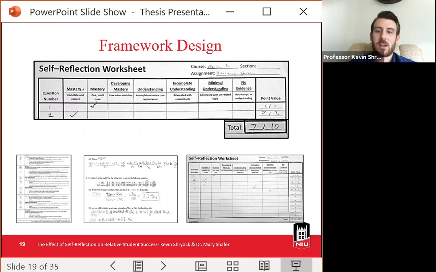Students could review their highlighted work, consult the rubric, place markings in the corresponding worksheet, and then score their work off to the side. Here you can see that a student scored themselves in the mastery category for question 1, indicating that they had made a small mistake and weren't deserving of Mastery Plus. Yet they still decided that the mistake was not large enough to warrant docking their point value.